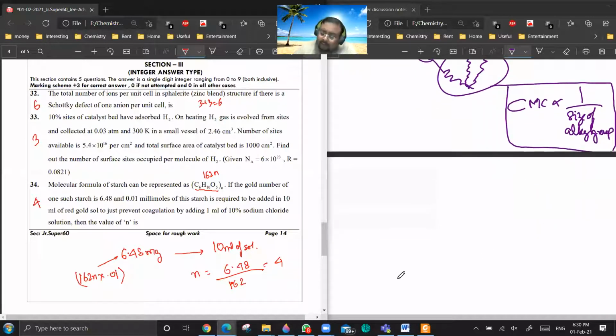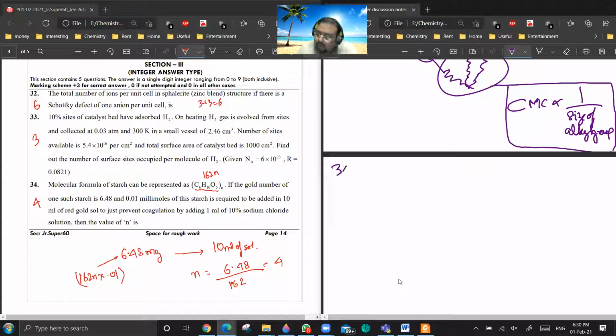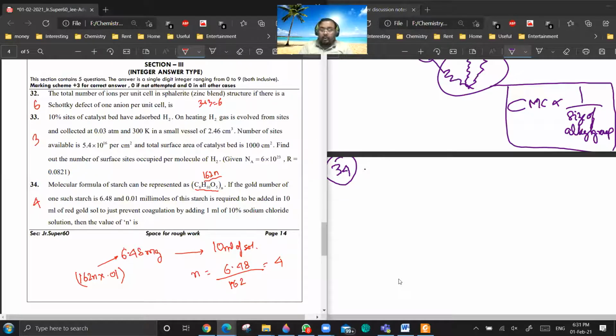No. First I will discuss 34. Okay. Smaller one. So in 34, you have starch whose formula is C6H10O5. So its molar mass is 162n, where n is the number of units which are together. Okay, because starch is a polymer. Not exactly a polymer, it is a small combination of glucose units. Now, it is saying that the gold number of starch is 6.48.